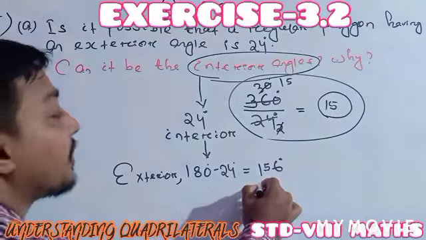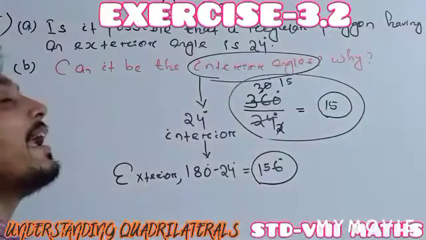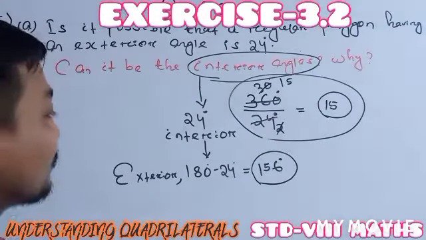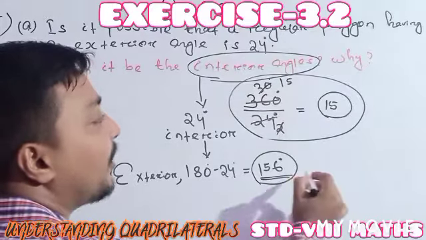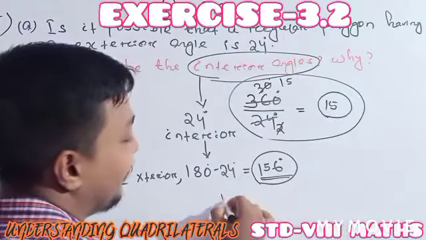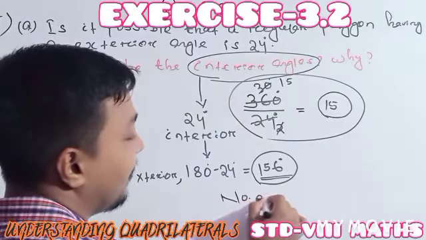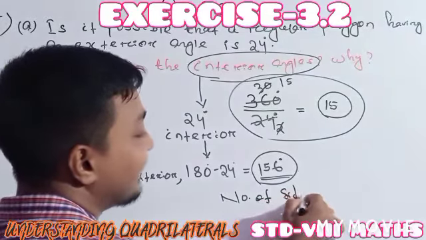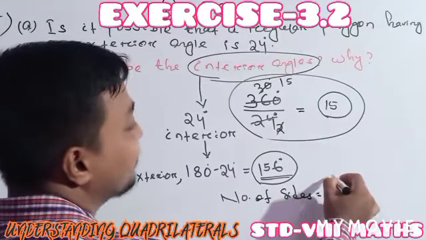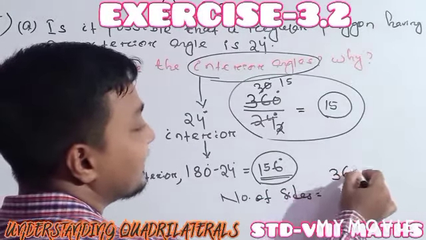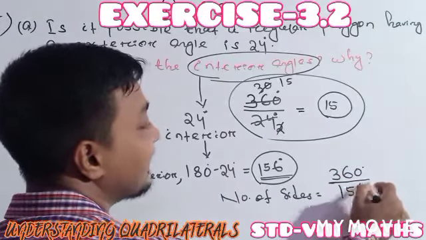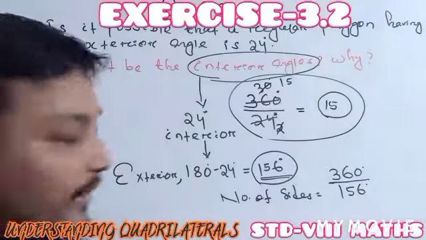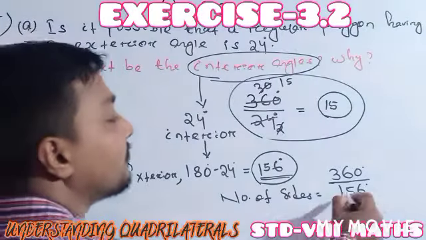Because to get the number of sides, we want each exterior angle. So each exterior angle we got is 156. The formula for the number of sides is 360 degrees divided by each exterior angle, 156 degrees.